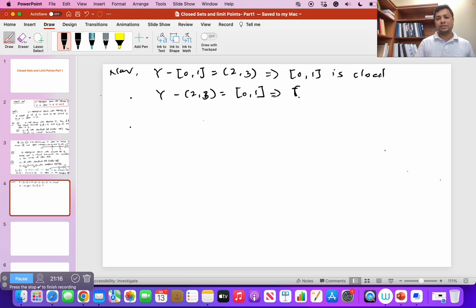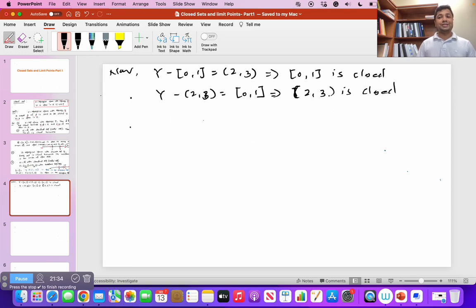So this implies that the interval 2 3 is closed in Y, in subspace topology. We are not talking about the standard topology, we are talking about subspace topology in Y.